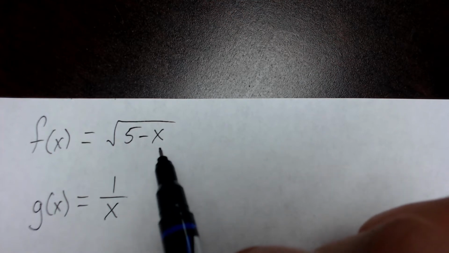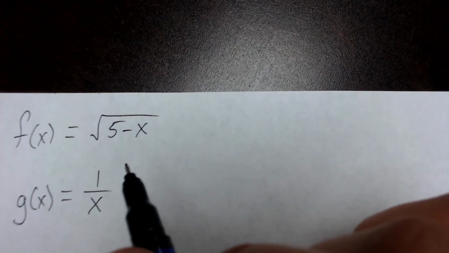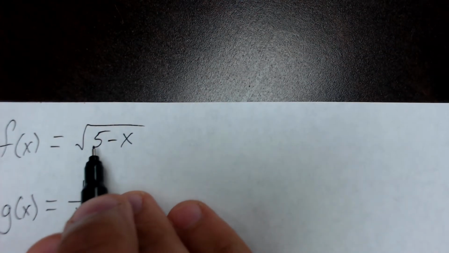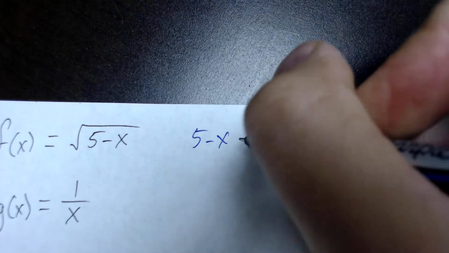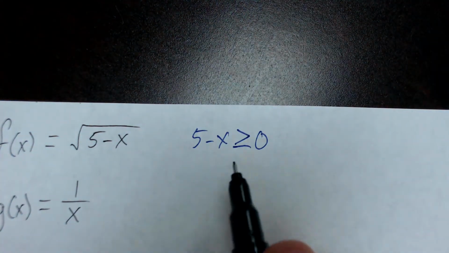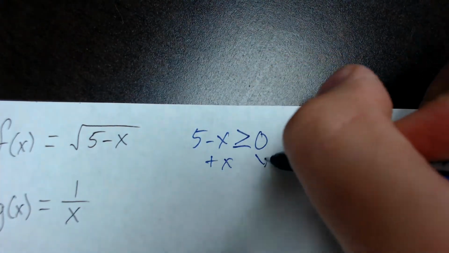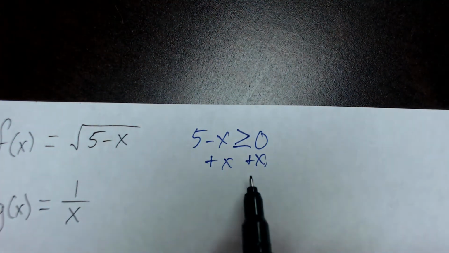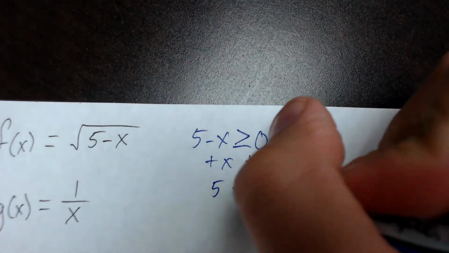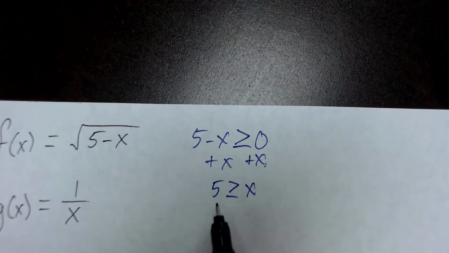So what we do on these is we look at the radical and we solve it as an inequality. So what I'm going to do is take 5 minus x and set it as an inequality greater than or equal to 0, and then solve this inequality for x. I do that by adding x to both sides. And so then what I see is 5 is greater than or equal to x, and that gives me my domain.